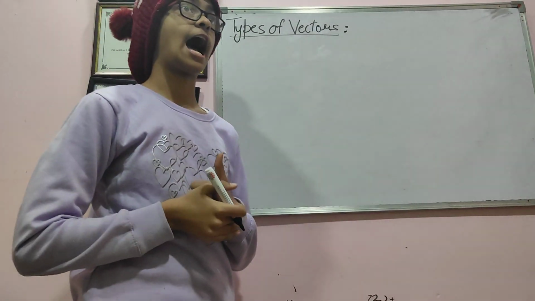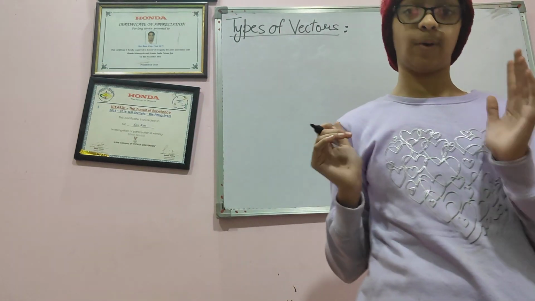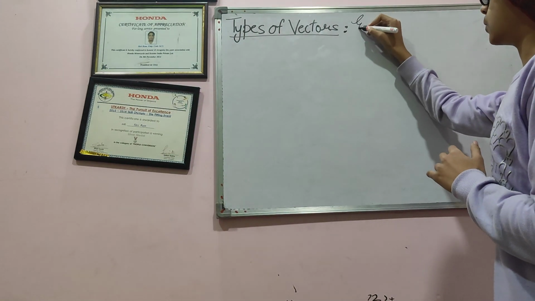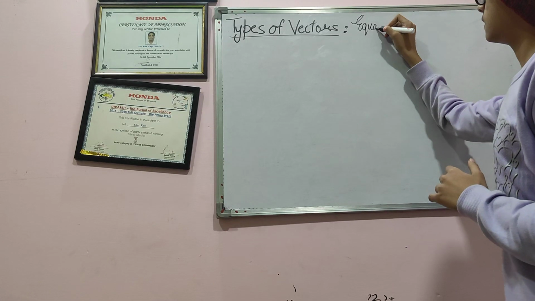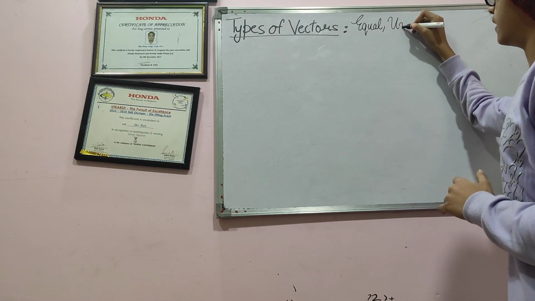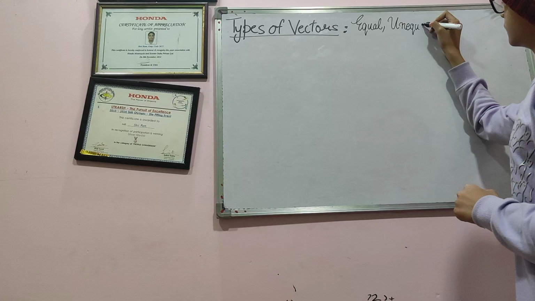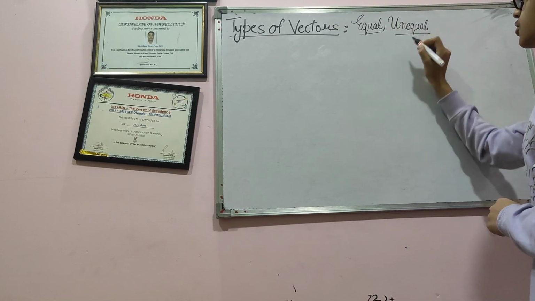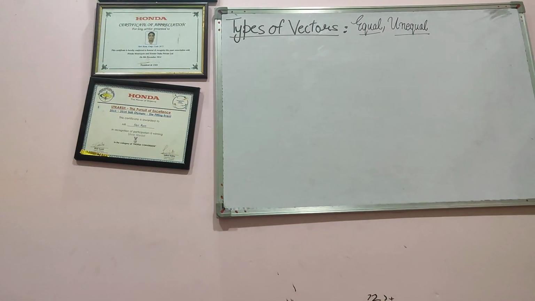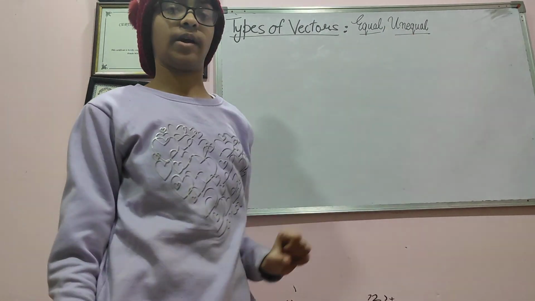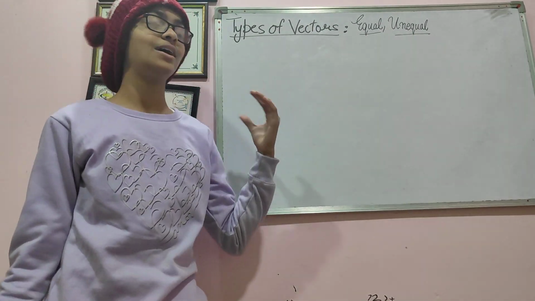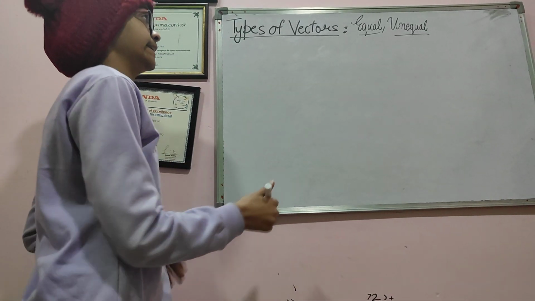Now first we have equal and unequal vector. We have 9 types of vectors. So first two are equal and unequal vectors. First two are absolutely very easy.